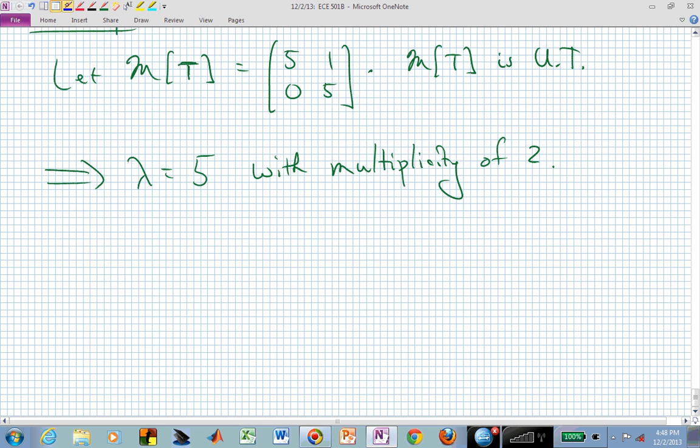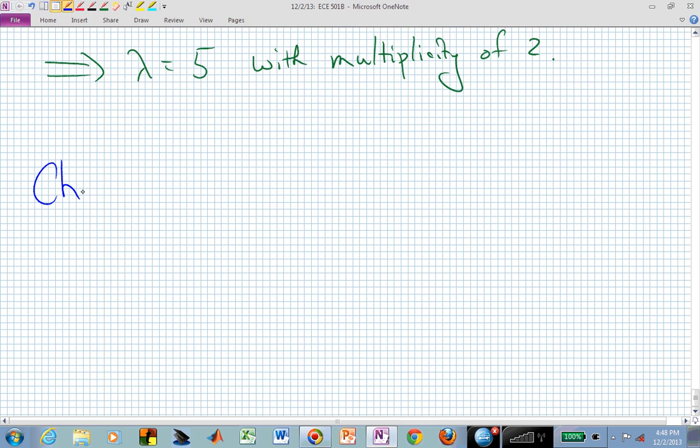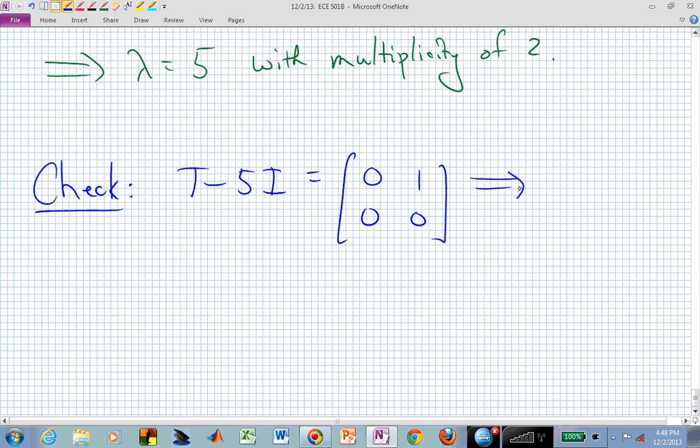Let's now see what we have. Let's try to create an eigenvector, which says we need T minus lambda I, where lambda is 5. Now we're just subtracting 5 from the diagonal, and we end up with that 1 in the off diagonal and zeros everywhere else. What vector lives in the null space of that matrix? Something that's proportional to that, isn't it? Some scaled version of (1, 0).